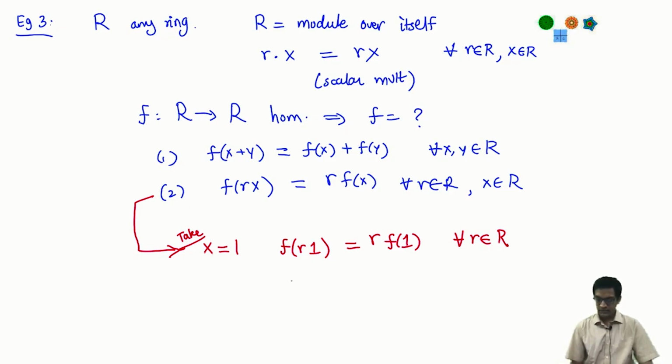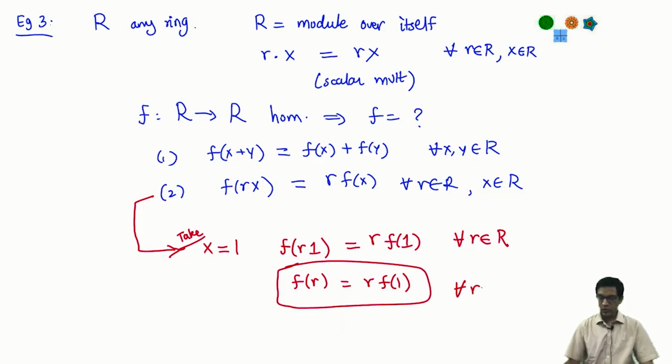Now what does this mean? Well, the left hand side is f of r, the right hand side is r times the element f of 1. So I've actually figured out what value my f has on the ring element r. The value is just r times this element f of 1.